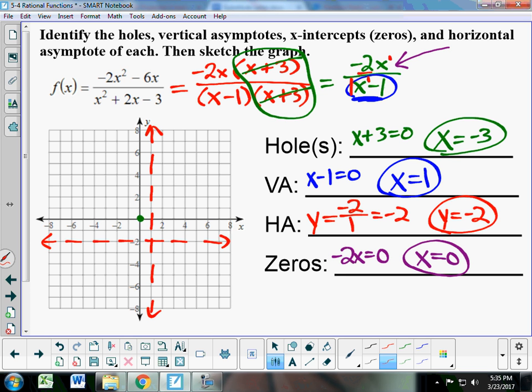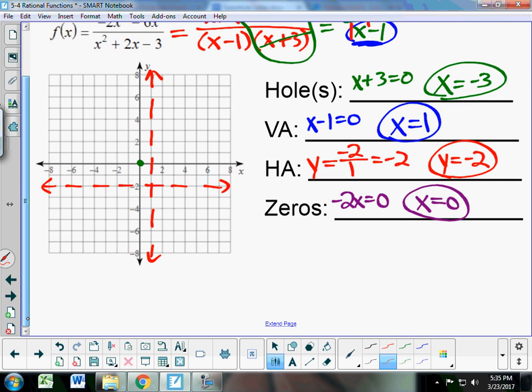Okay. And the hole is at x equals negative 3. So that just means when we graph at negative 3, we'll just have to put that circle to represent an empty spot. Now we'll make a table, and we'll graph a few points.